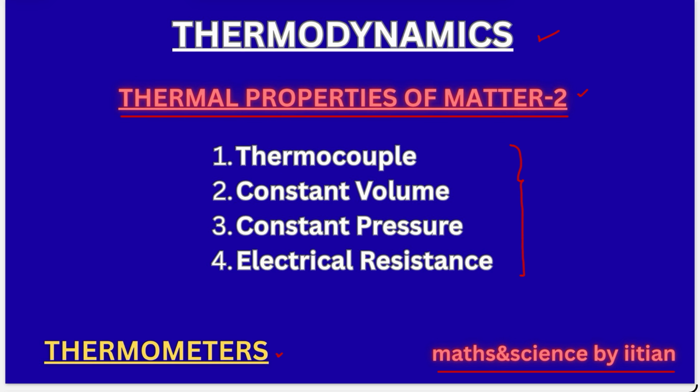There are various types of thermometers available: thermocouple, constant volume gas thermometer, constant pressure gas thermometer, electrical resistance thermometer, and also liquid thermometers. We will study them one by one and briefly know what they are, what a thermocouple is, and before that we will continue with the thermal properties of matter.